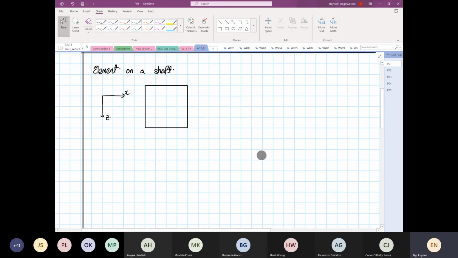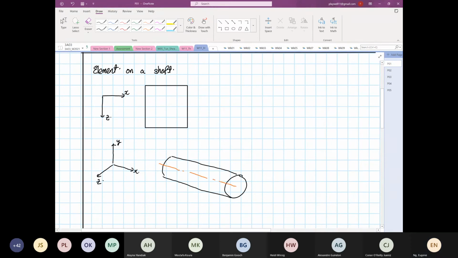So the overview: in 3D, I'm going to sketch this. This is x, this is y, and this is my z. So we have a shaft. This is our shaft, and I'm going to drop the centroid. This is our centroid.